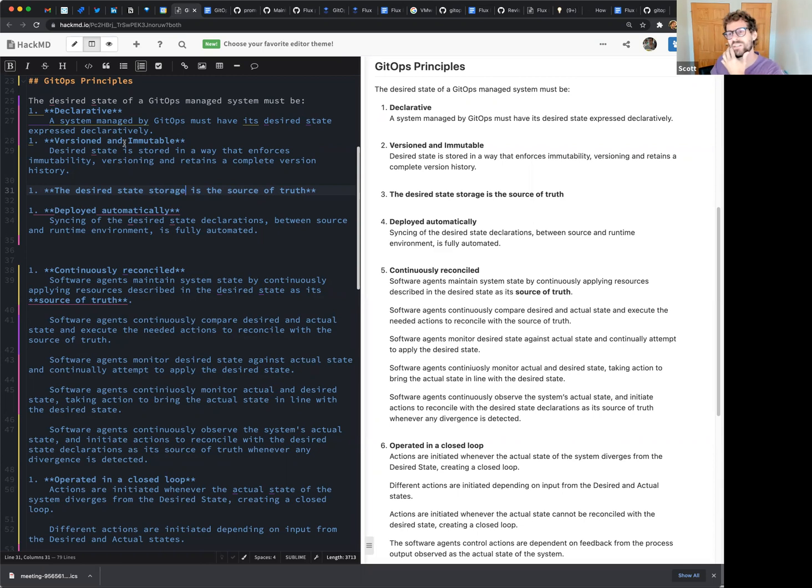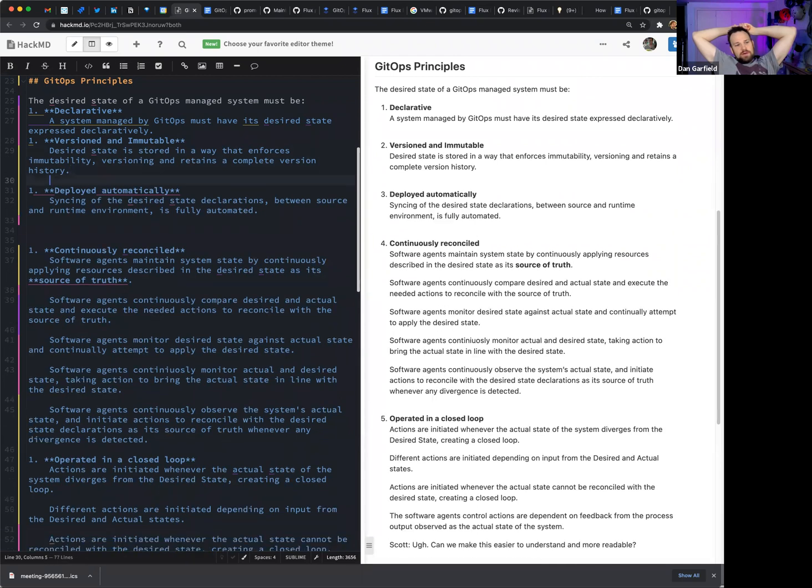This is the problem we've run into all along. We could just make it all one paragraph, but we're trying to split them off into separate principles. The versioned and immutable part is strange because it's really two things, but I think principle 2 is the requirements for how your declarations are stored. I think I like it better as part of continuously reconciled. Yeah, I agree, because continuously reconciled is about software agents and how they behave.